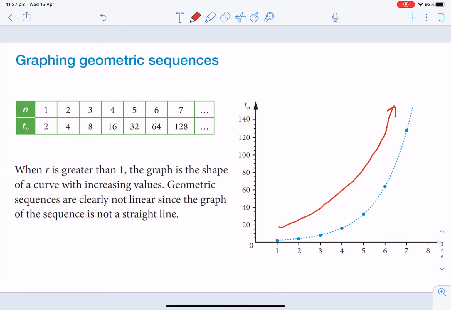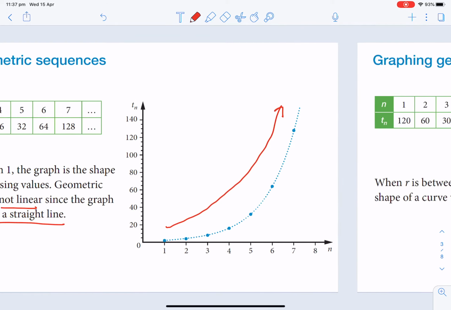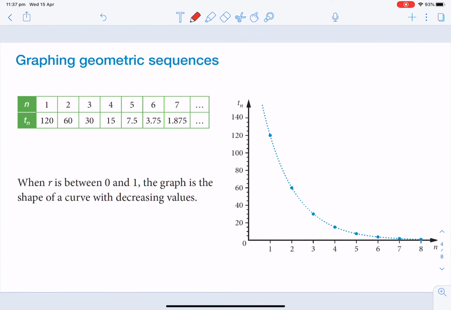So when R is greater than 1, the graph is in the shape of a curve with increasing values. So if our R is a whole number, it's increasing. Geometric sequences are not linear, since the graph of a sequence is not a straight line. Again, self-explanatory.